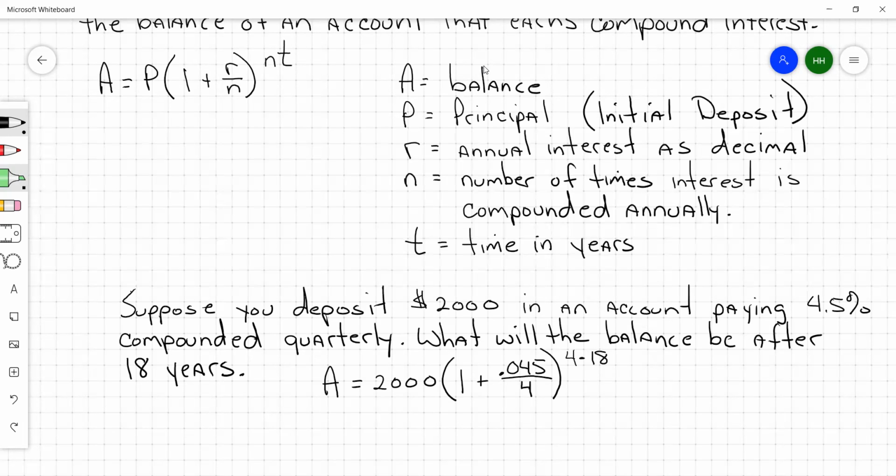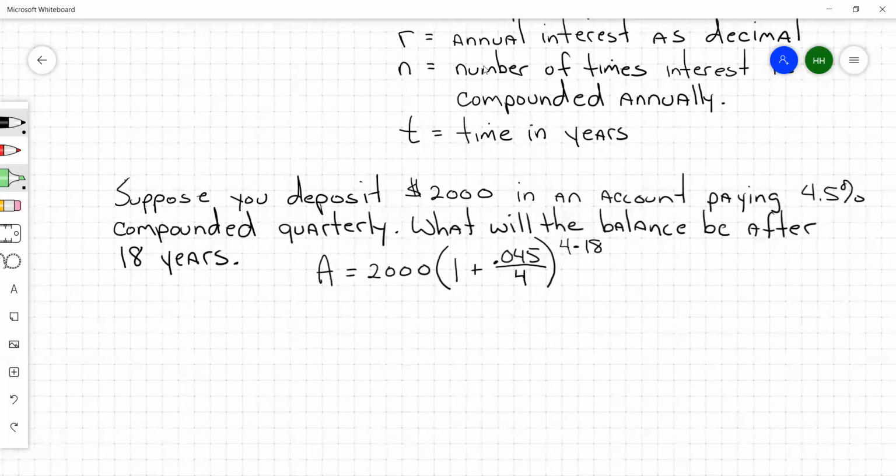Now, let's clean this up. All right. Our amount is going to be 2,000 times, in your calculator, 1 plus 0.045 divided by 4. Let's go second fix 4.